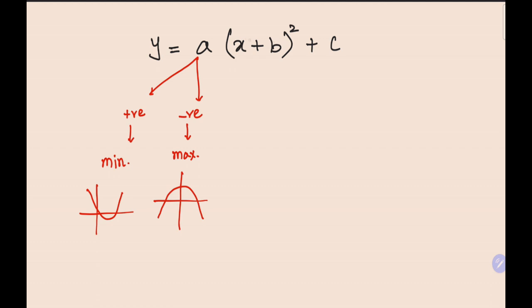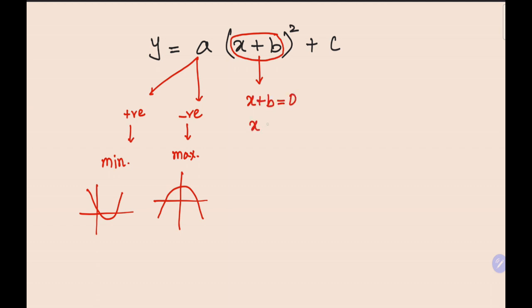Now for the maximum or minimum point, whatever the equation is, we can find the x coordinate of that minimum or maximum point by equating this x plus b equal to 0.